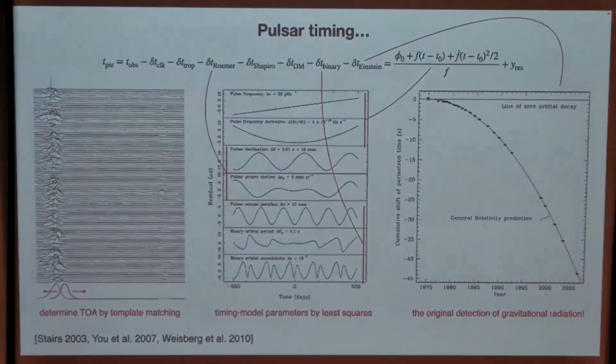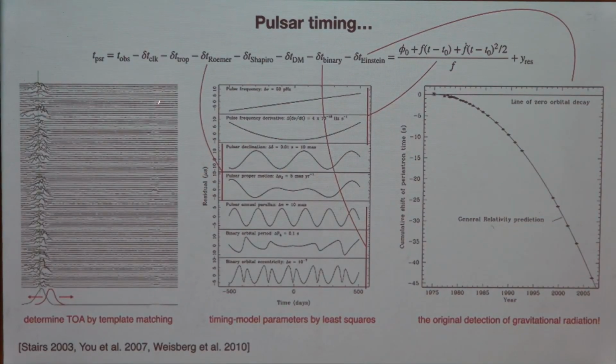For instance, you want to correct your observatory clock to a universal clock, universal time coordinate, UTC. We have to subtract effects from the troposphere, so refraction in the atmosphere. A huge one is the Romer delay due to the motion of the Earth in the solar system. That's big, that's 500 seconds, over 10, 100 nanoseconds, as we're going around the sun.